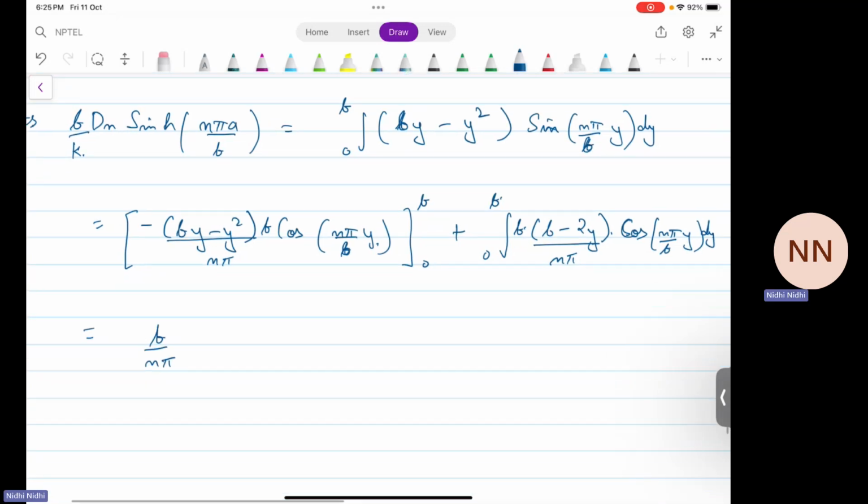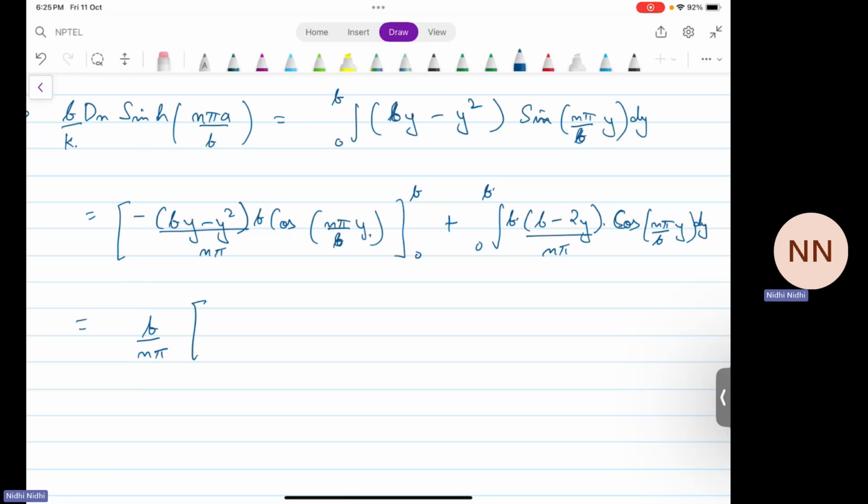Again, we'll be applying the integration by parts. So this is b minus 2y as it is. Integration of cos is sine n pi by b times y by n pi by b, limit 0 to b, minus integration 0 to b, derivative of minus 2y is minus 2.